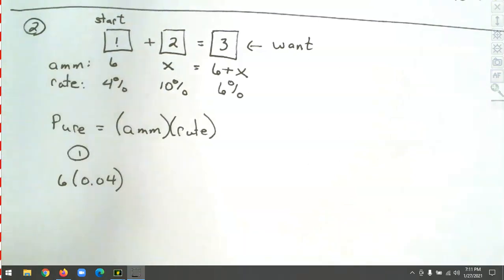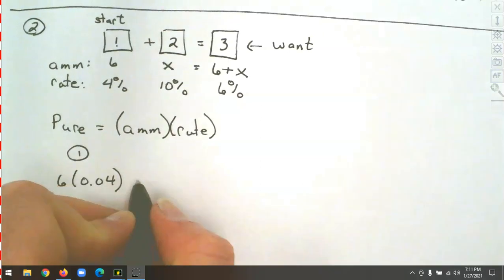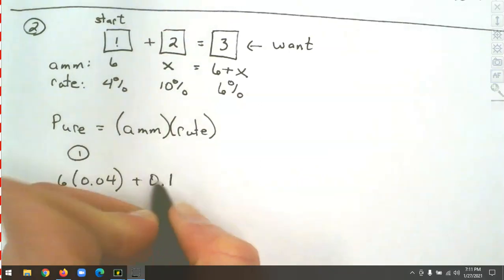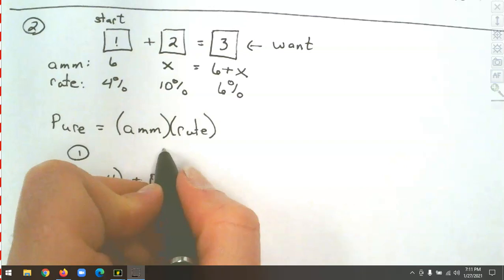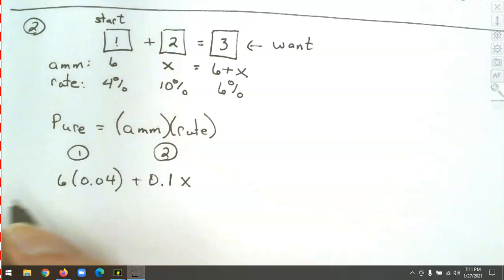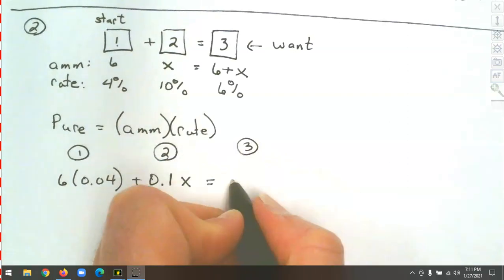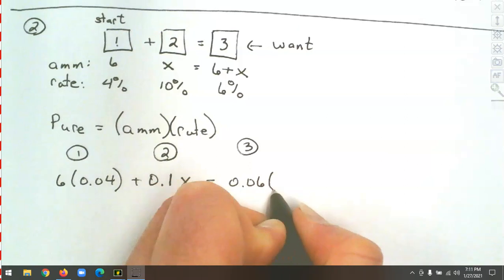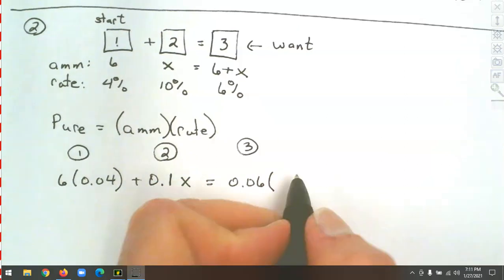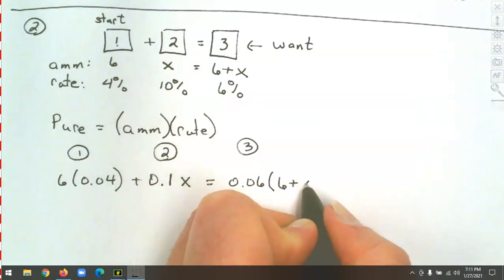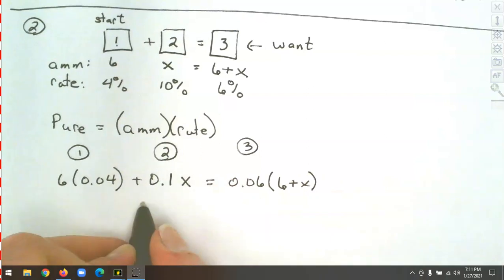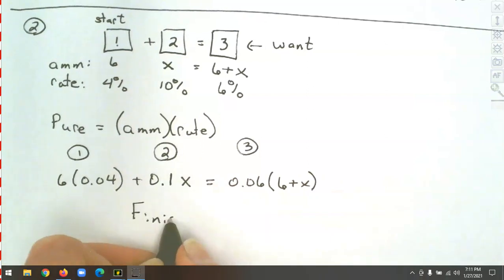Then we have 0.1 times X for your second one. And then on the right-hand side for the third part, we have 0.06. And how much is in there? 6 plus X. And you should be able to finish it from here.